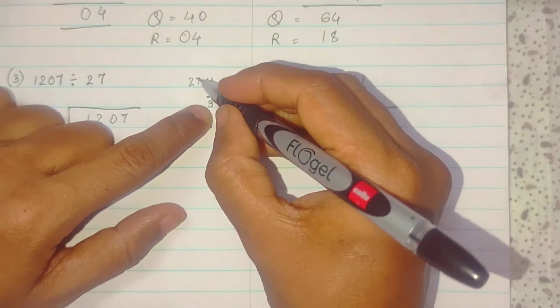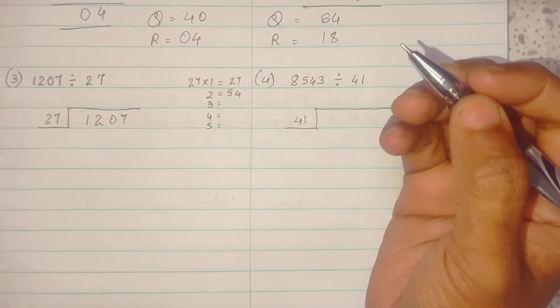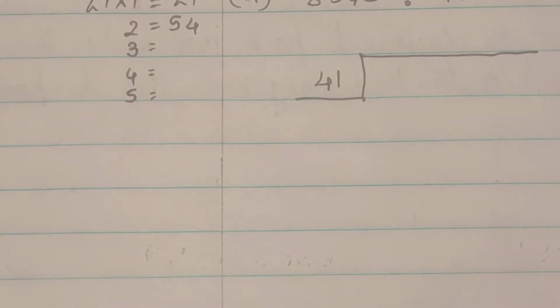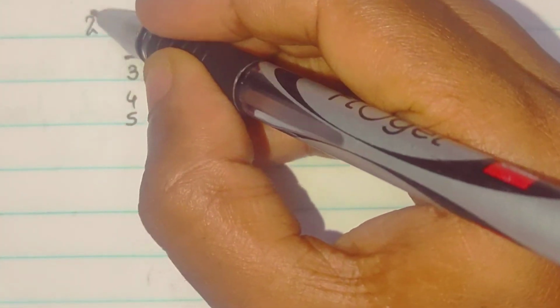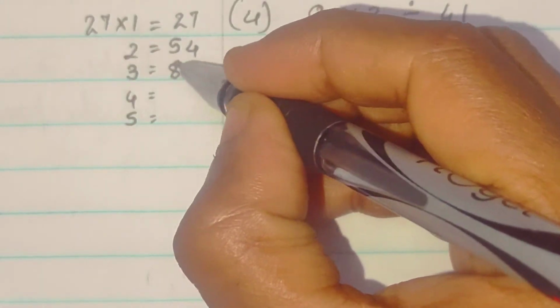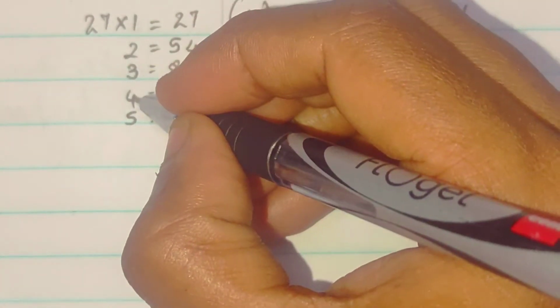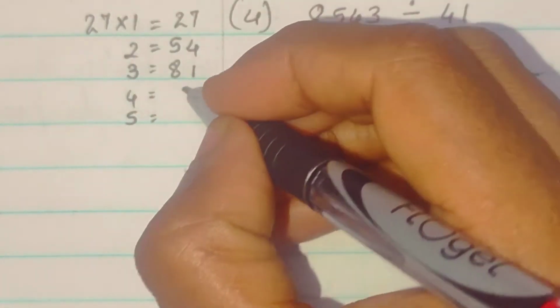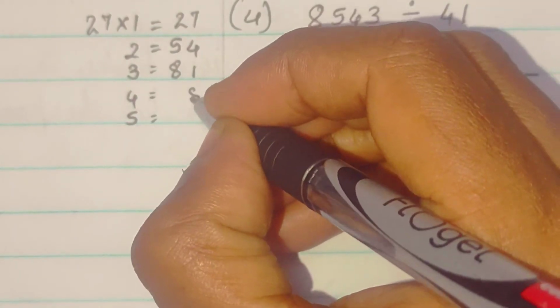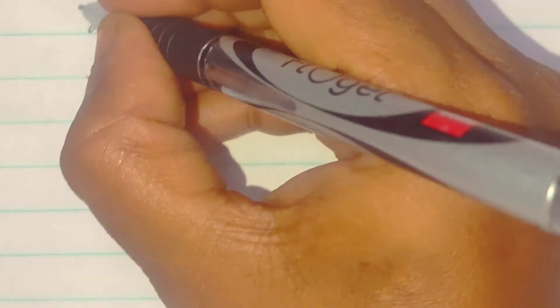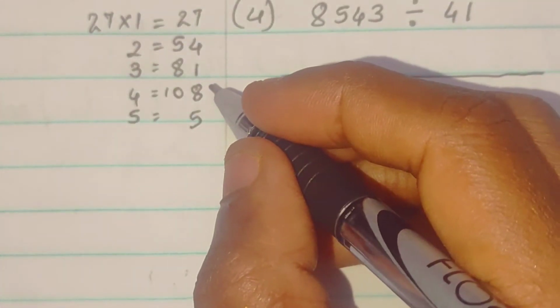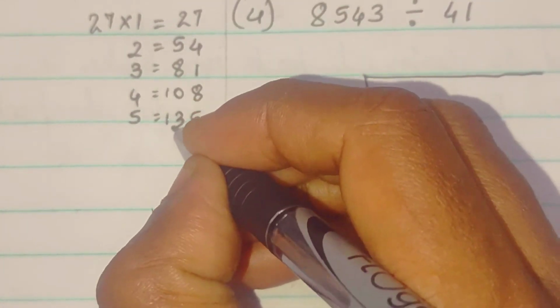Now 3s are: 3 sevens are 21, 2 carry, 3 2s are 6, 7 8. So 27 3s are 81. Now 4 sevens are 28, 2 carry, 4 2s are 8, 9 10. Then 5 sevens are 35, 3 carry, 5 2s are 10 plus 3 135.